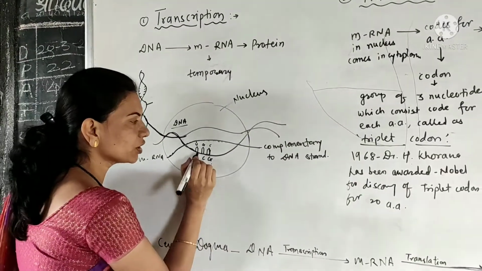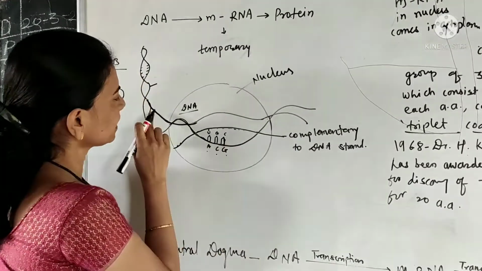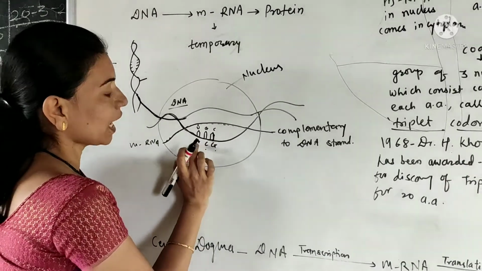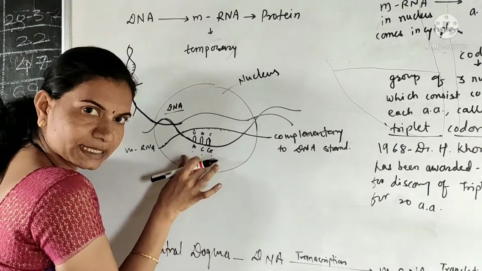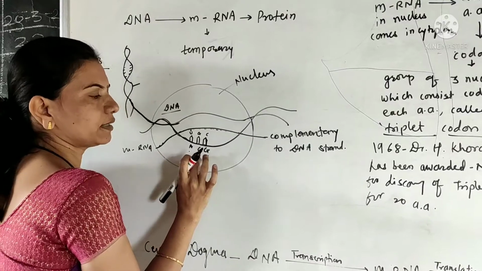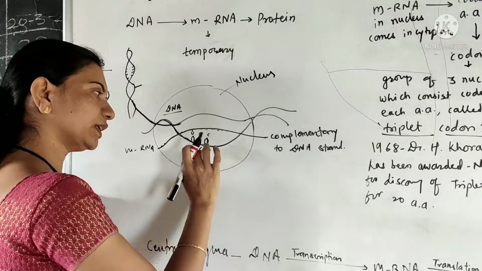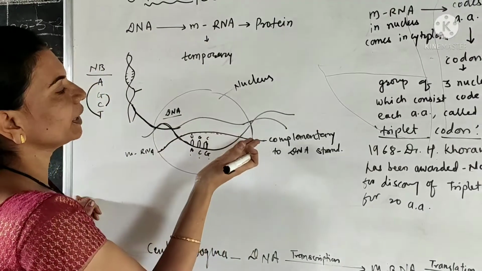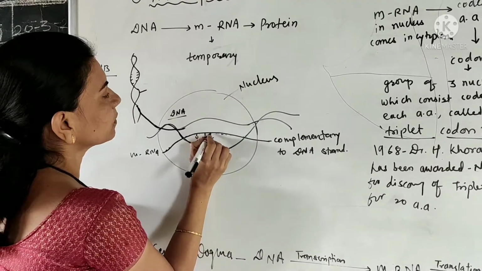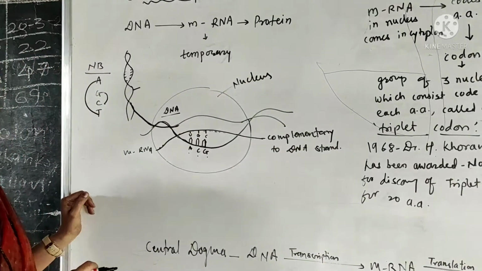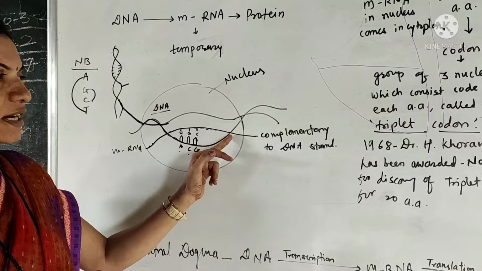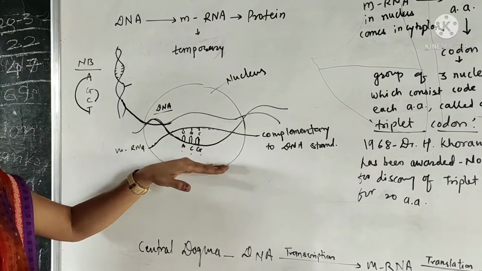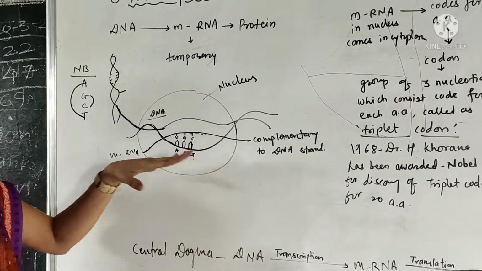This is the single strand of DNA. According to the information of these nitrogenous bases, the complementary nitrogenous bases are formed on this mRNA strand. This whole process is carried out in the nucleus of the cell.